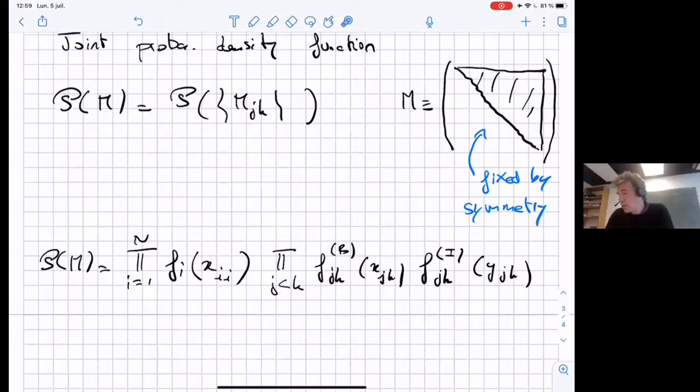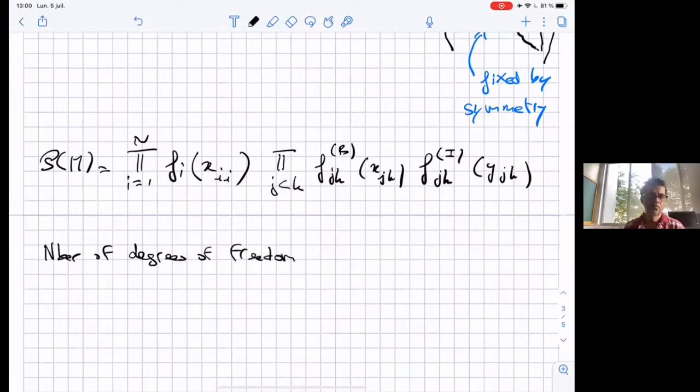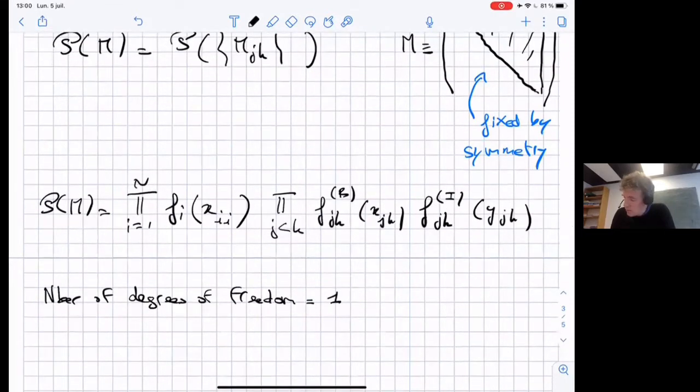If you count how many you have, here you would have one, here two, here three, then four, etc. So the number of degrees of freedom is 1 plus 2 plus 3 up to n, and that's just n(n+1)/2.